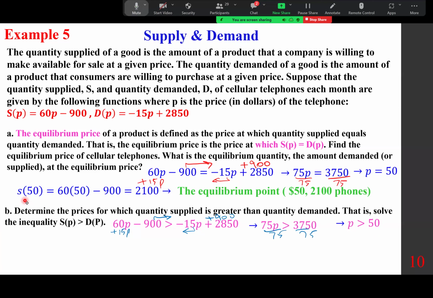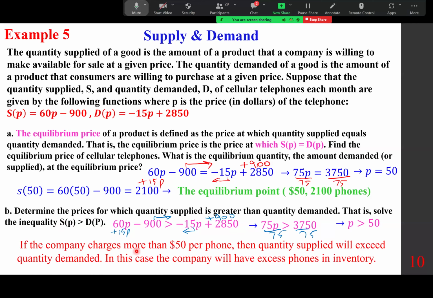In other words, think about it. If the price is 50, the deal takes place. If the price is larger than 50, it's good for the company, it's good for the suppliers, they love that. And so if the price is larger than 50, that's where they want to produce more.